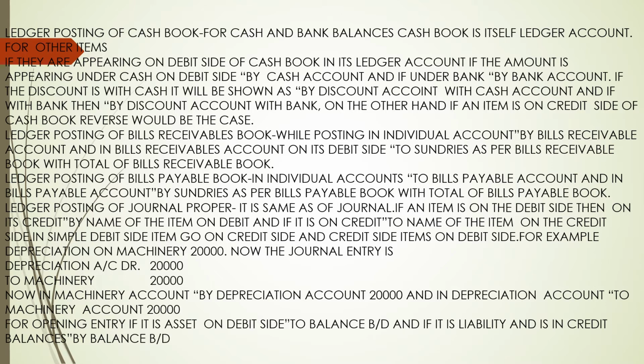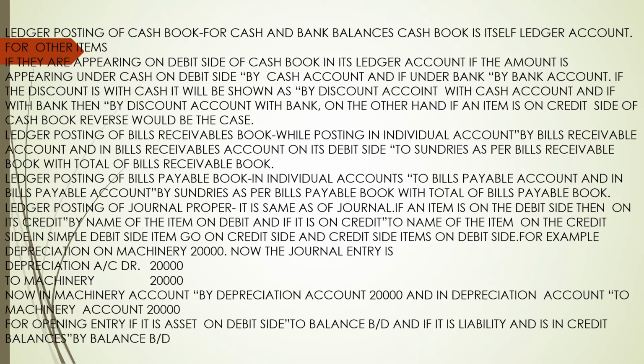If the discount is with cash, it will be shown as by discount account with the cash account, and if with bank, then by discount account with bank. On the other hand, if an item is on the credit side of the cash book, the reverse would be the case.